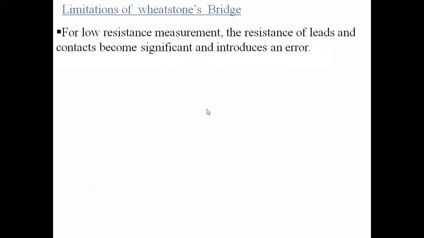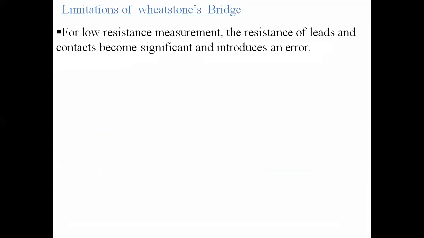And here, besides the applications of the Wheatstone bridge, we have some limitations of the Wheatstone bridge. So what are those limitations? While measuring low resistance, there is the resistance of leads and contacts. Here we are connecting the voltage source to the bridge circuit, and from the bridge circuit we are connecting the meter.